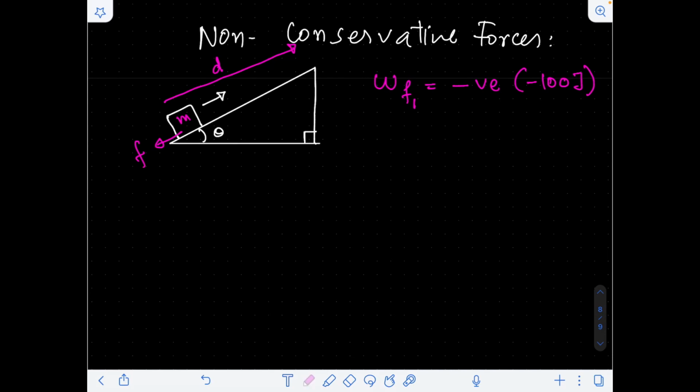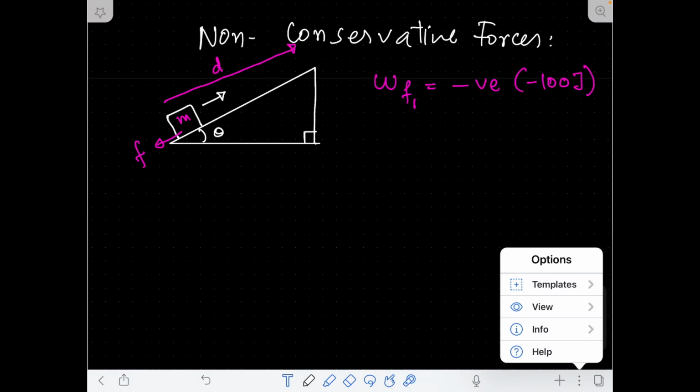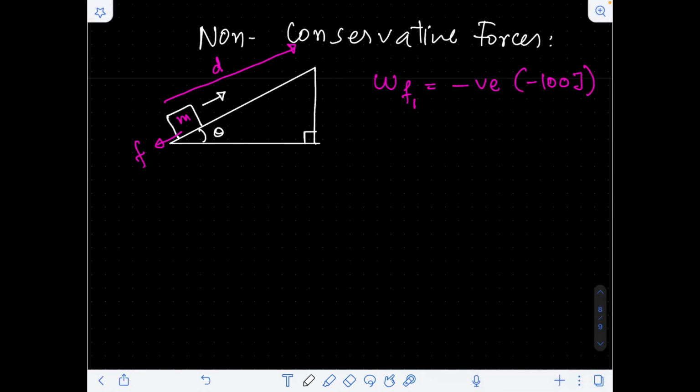The same situation arises when this object falls or comes down, something like this. Now the object reaches here and it is moving in the downward direction.